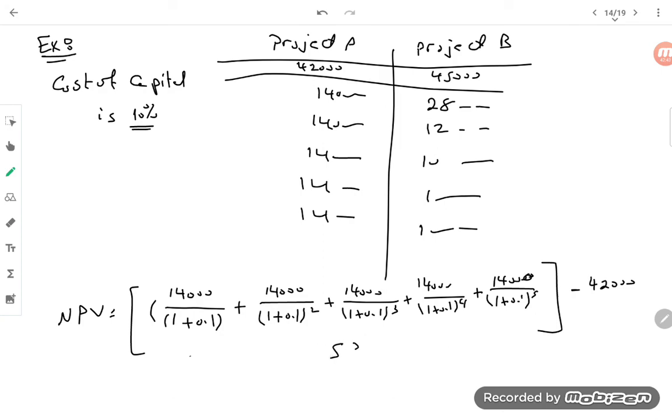So this is going to be 53,071 minus 42,000. It will be 11,071. So this is the net present value for the first project.